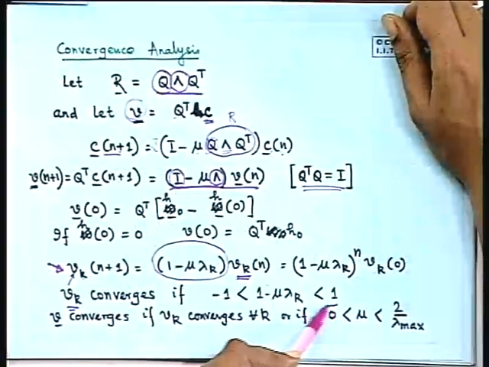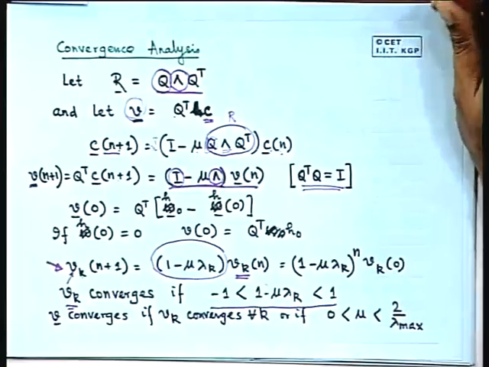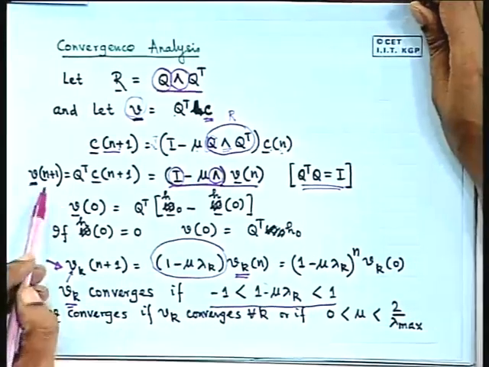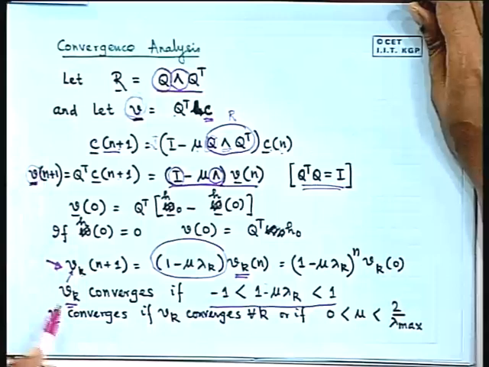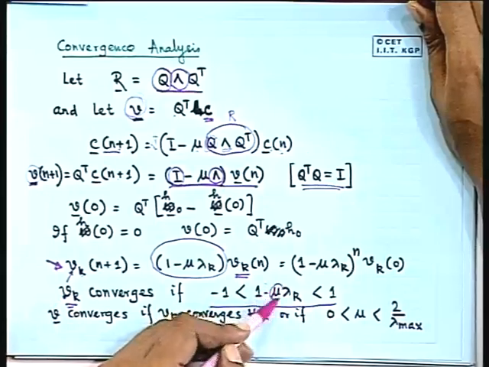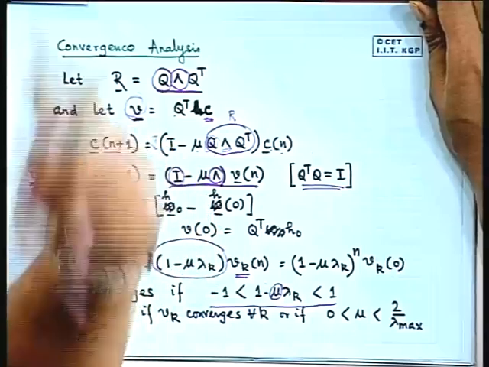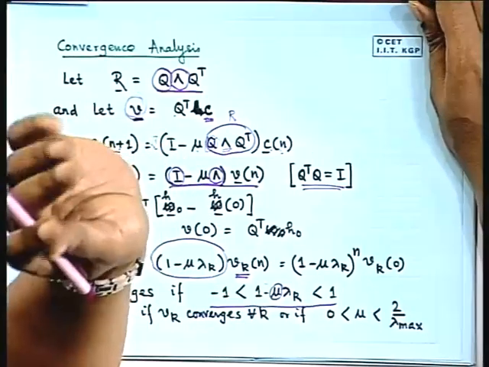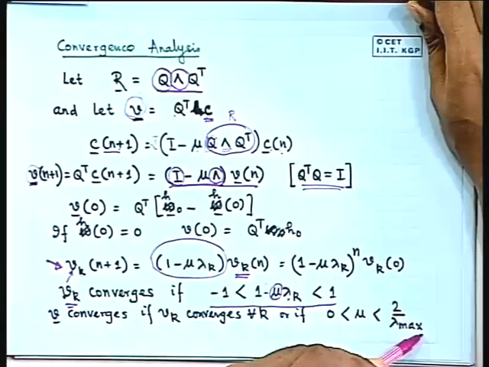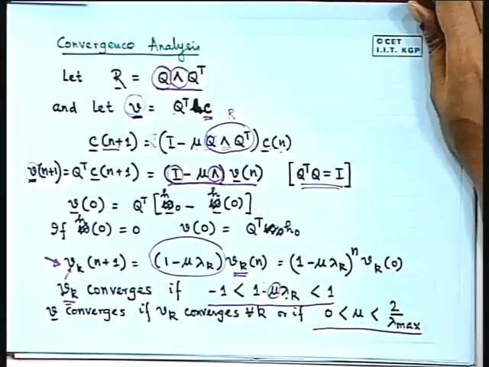So Vk converges if this is the condition, and if the whole of V has to converge, then each Vk must converge. Now how should you choose mu? Mu is a single quantity, it does not depend on k. It is the same for each k. So you should choose mu corresponding to the maximum eigenvalue lambda.